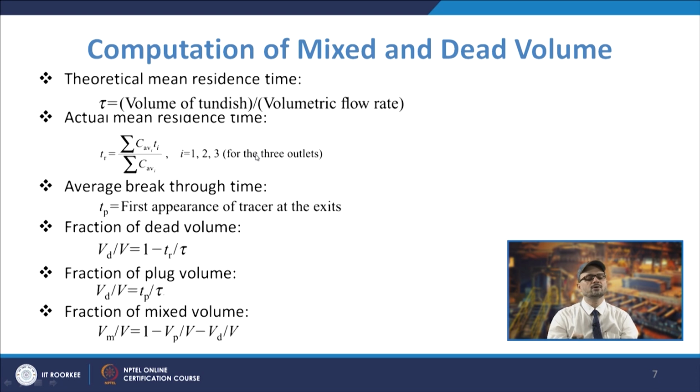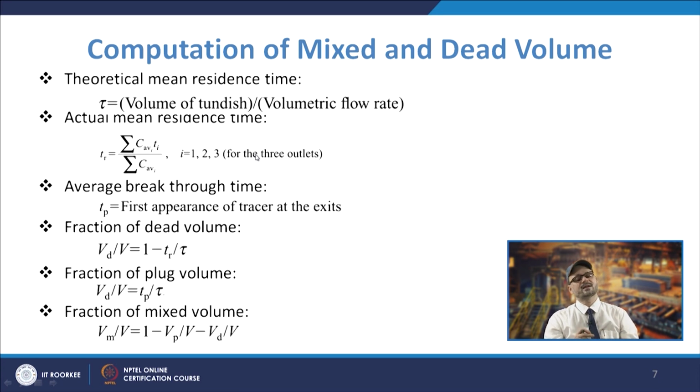So, accordingly you get the actual mean residence time, that will be C average into t. C average is taken because if you have a larger number of cells in the outlet, it will be averaging those concentration values over all the elements in the outlet domain.